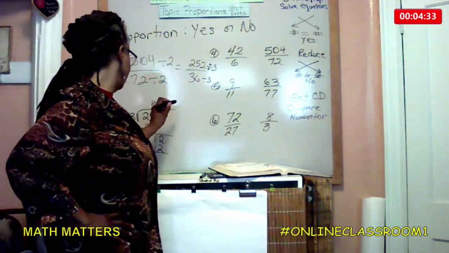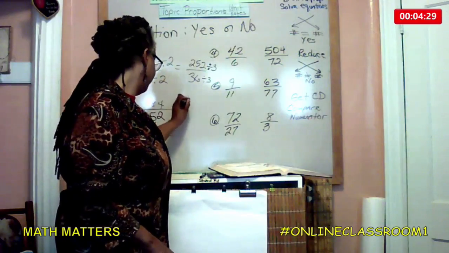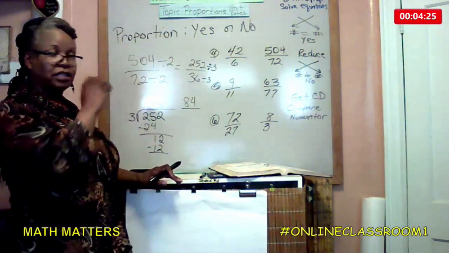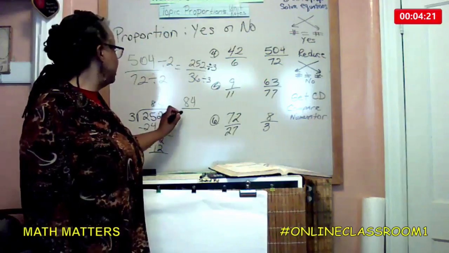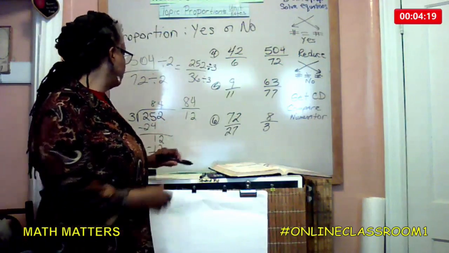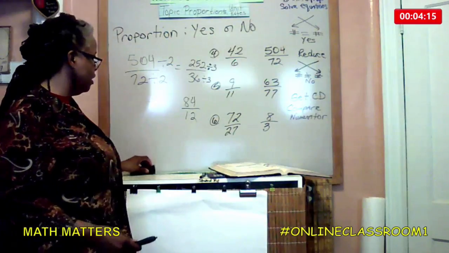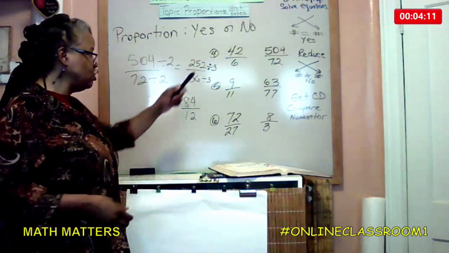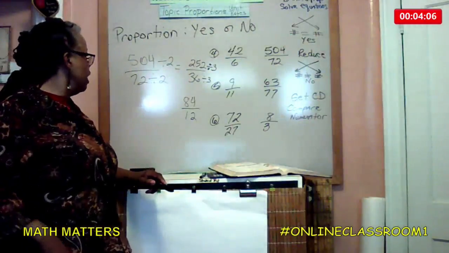So now we get 84 over 36 divided by 3, which is equal to 12. Now it's becoming so clear. What a lot of work just to reduce the 504 over 72.